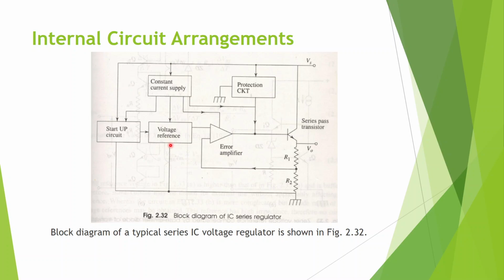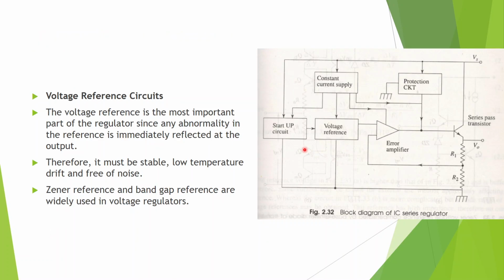It should not change with respect to temperature, because the feedback is compared with this reference voltage and the output is adjusted according to the difference between this reference voltage and feedback. So it is very important that the reference voltage remains constant. If the reference voltage changes, the output will also change accordingly. So this reference voltage has to be stable.